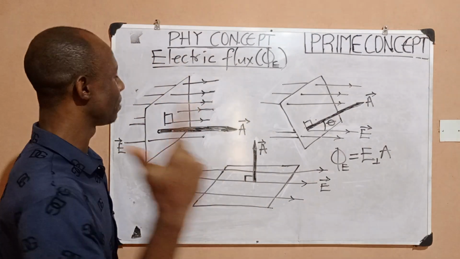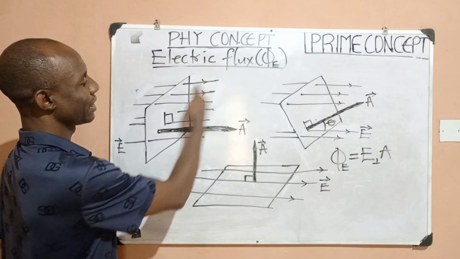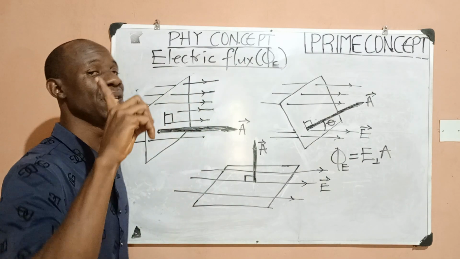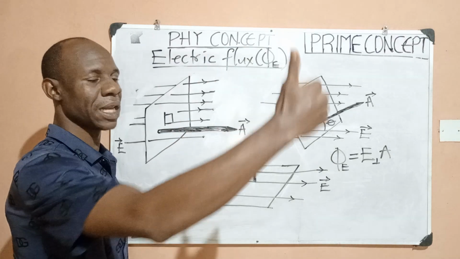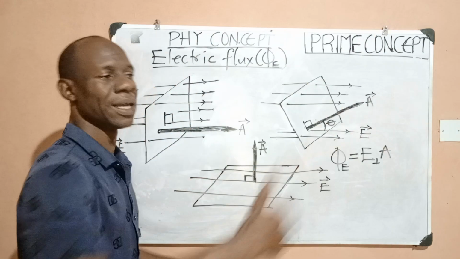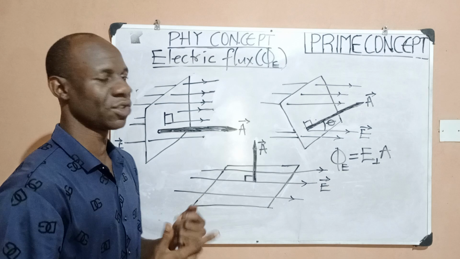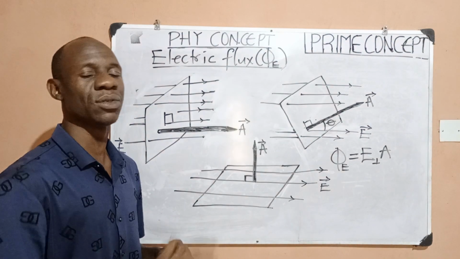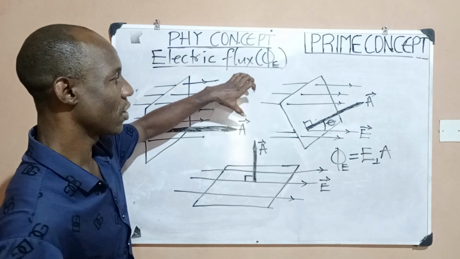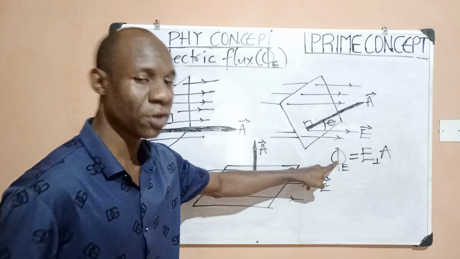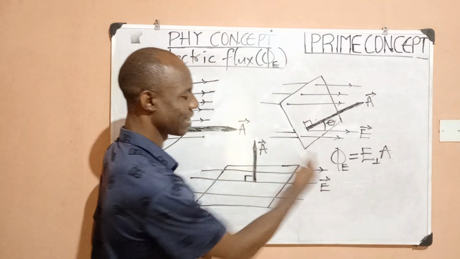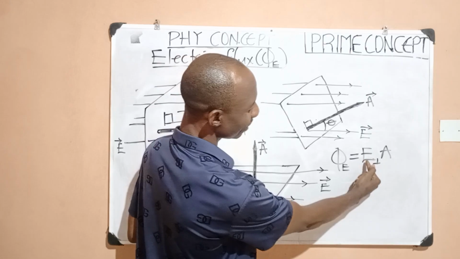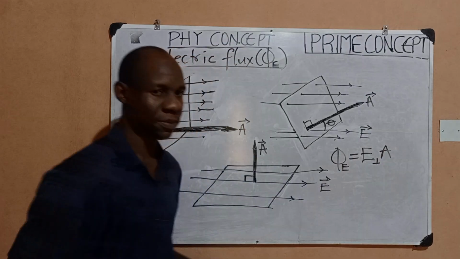It simply means that the electric field lines should be equal and should have the same direction. So if you have electric field lines moving in the same direction and equal in magnitude, it means that the electric field is uniform. So that is what we are considering at this point, and the relationship is given by phi E equals E times A.